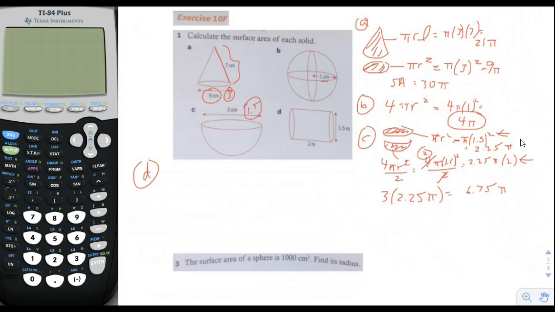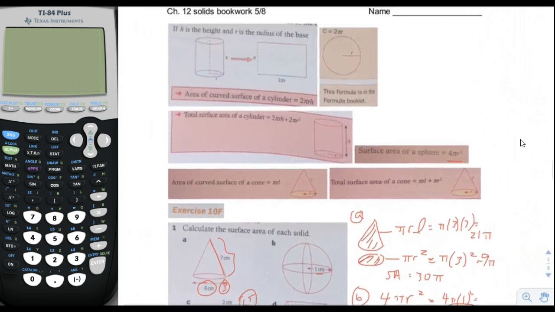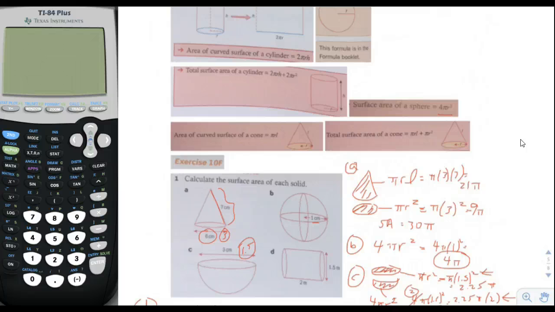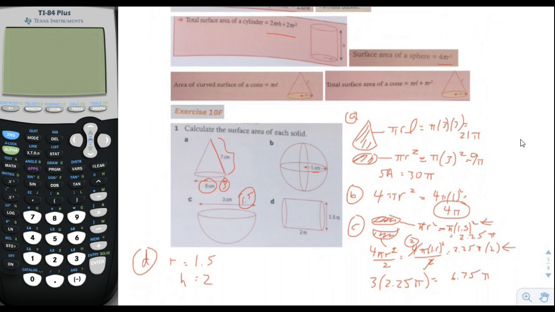D is a cylinder, and it's got a radius of 1.5, and it's got a height of 2, even though it's drawn sideways. And then, remember that the equation for the surface area of a cylinder is this one here: 2 pi r h plus 2 pi r squared.